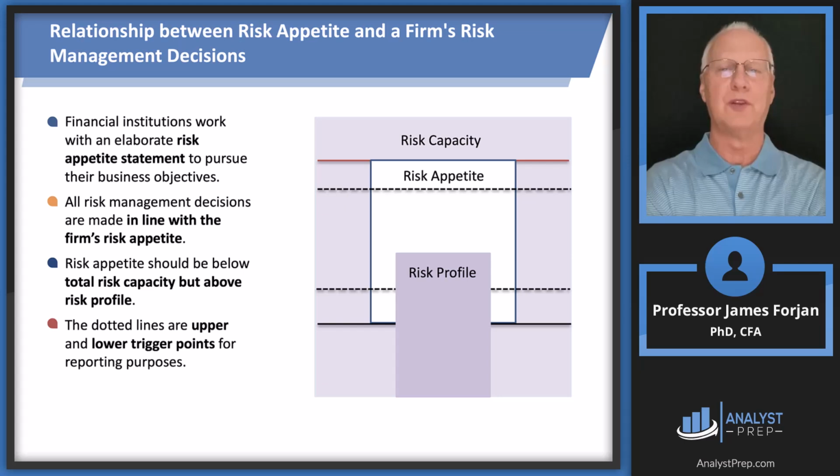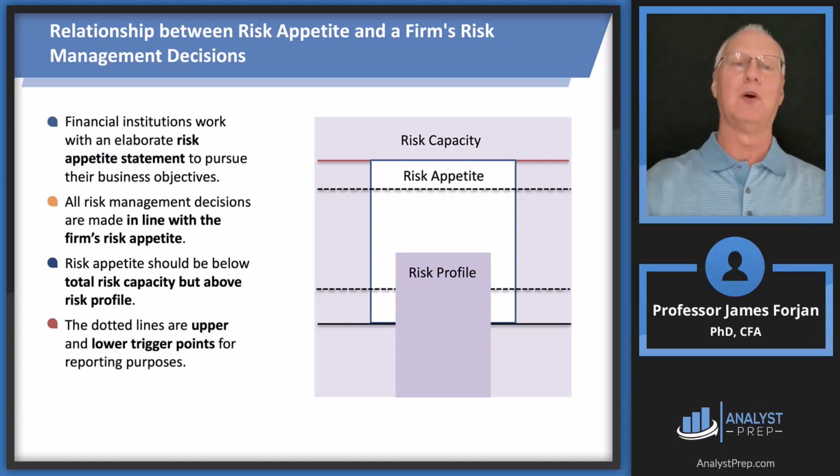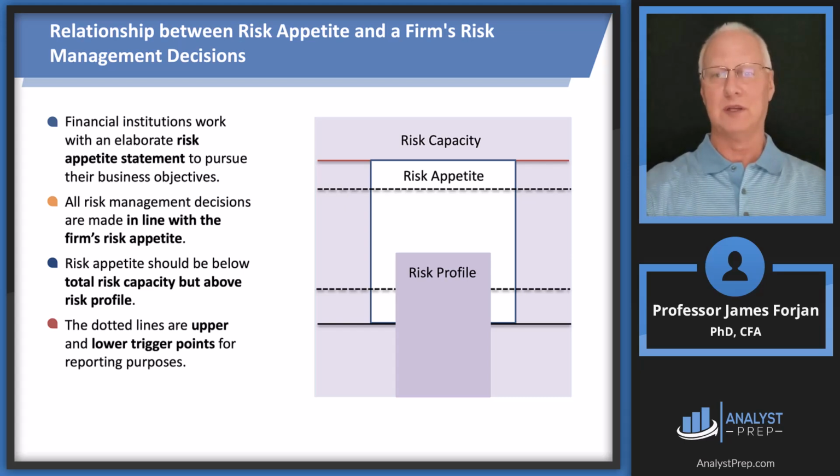Now, here's this illustration that I was telling you about. So remember, that risk profile is kind of like the current risk exposure. And so that is below the risk appetite, and then that's below the risk capacity. So if you can remember this little illustration, you ought to be able to answer a question on the difference between and among the three and where they should fall.